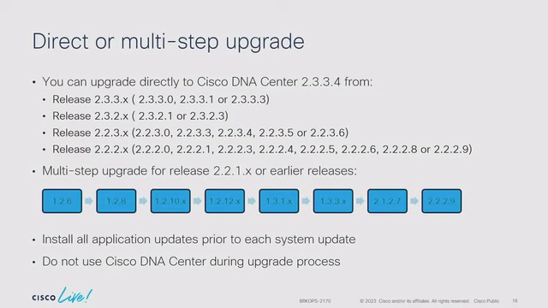Good. So how to check this, by the way? How do I know if it is a direct upgrade or a multi-step upgrade, from version X to version Y? Where to find this information? Oh, you already know. So you have two options. From the compatibility matrix, if you go for an upgrade and say this is my current DNA Center release, it will tell you, okay, this is your upgrade to go to. By the way, if I just selected 1.something, it will give me only one option to recommend.